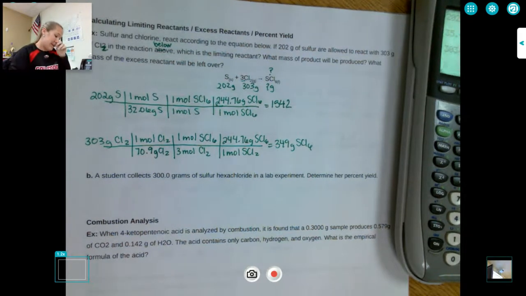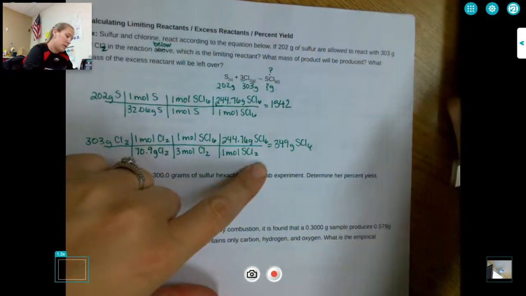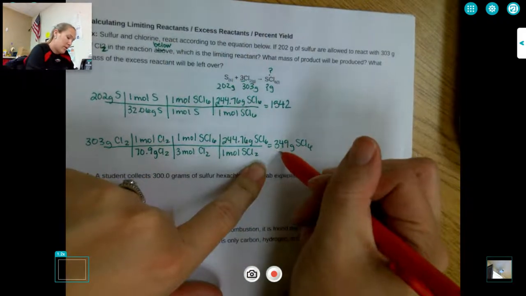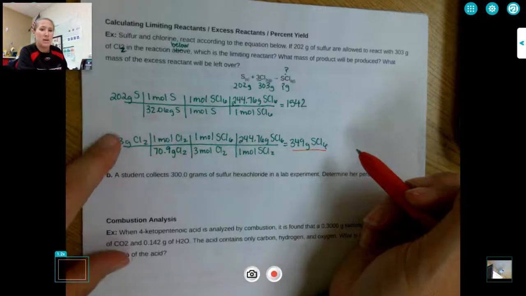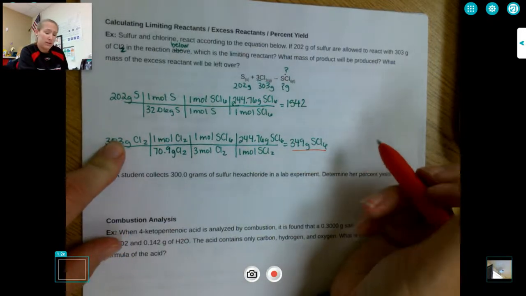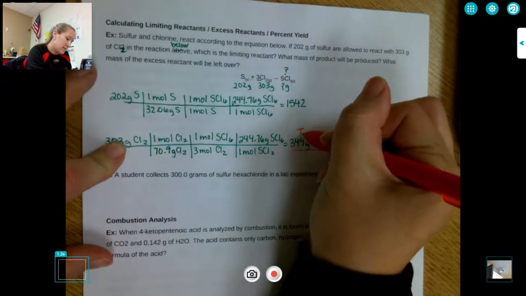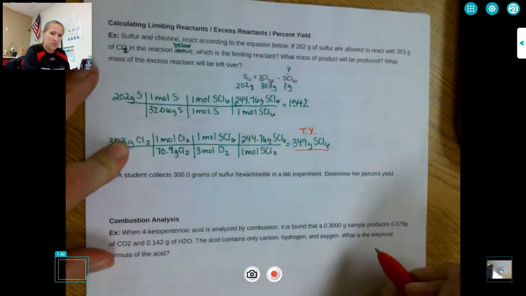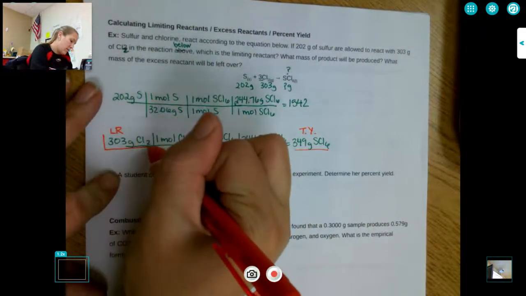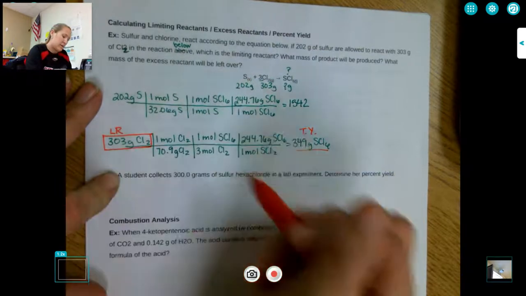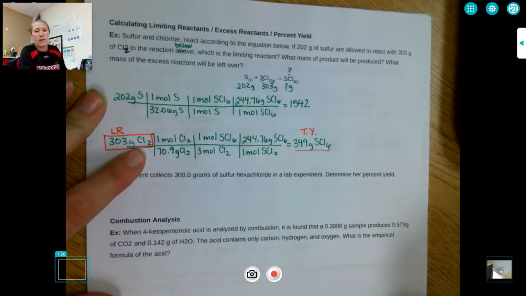Okay, so now that we know this is the smaller amount made, 349 grams of sulfur hexachloride is made, and my chlorine is gone. I've run out of it. So this is my theoretical yield, which is made by my limiting reactant. I can't just say chlorine is always my limiting reactant, because if I had way more chlorine, then it wouldn't be.